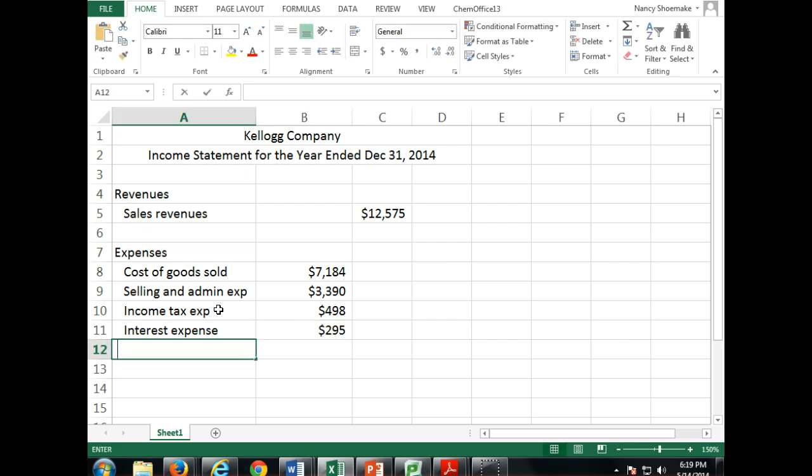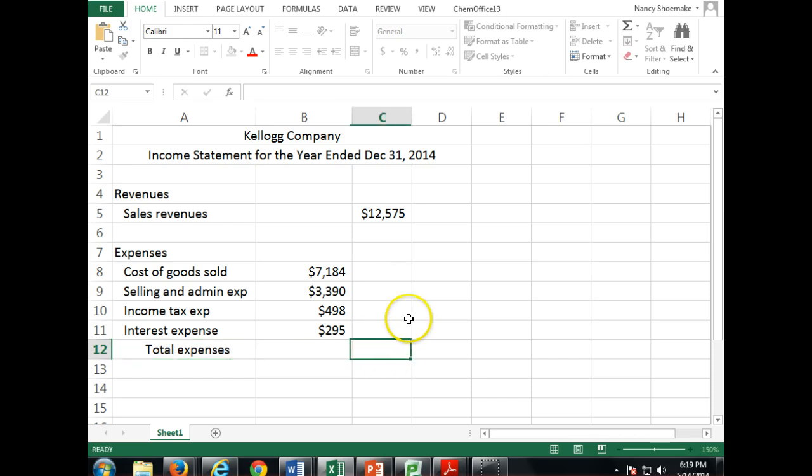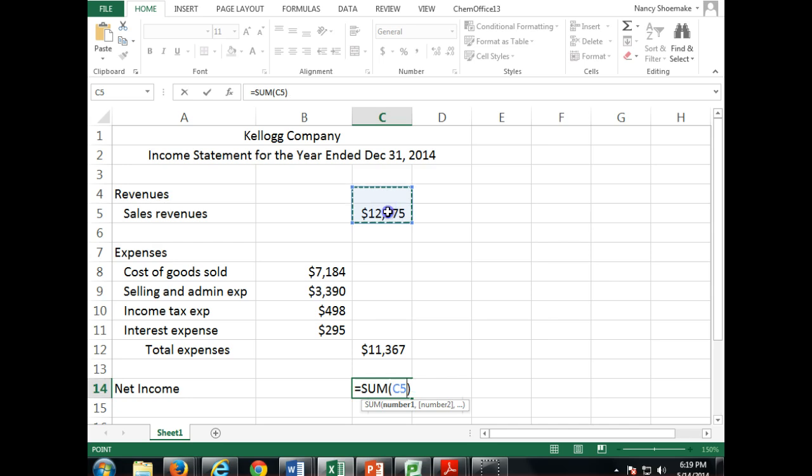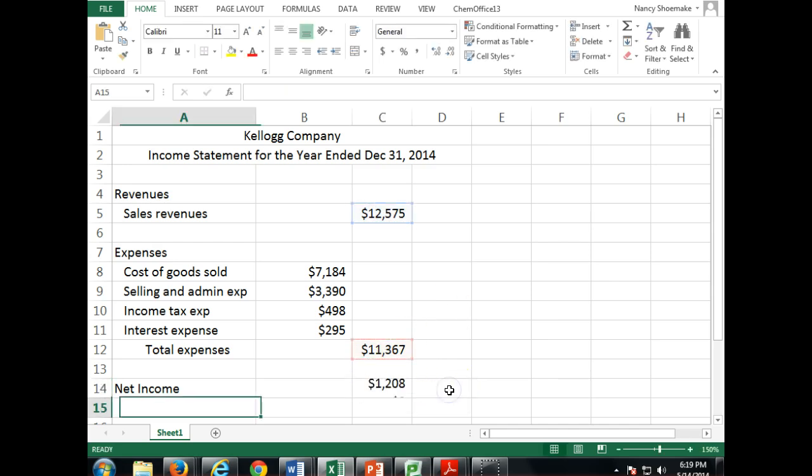And we've got total expenses here of $11,367. So we're going to have net income. Why? Because our revenues are greater than our what? Expenses. So it's going to be net income.